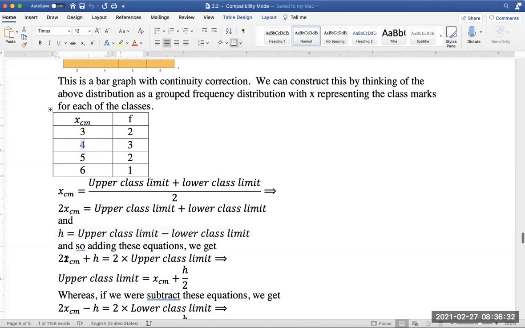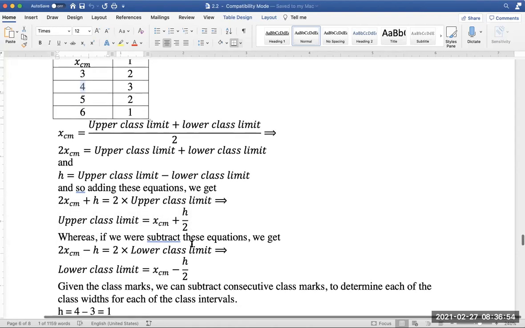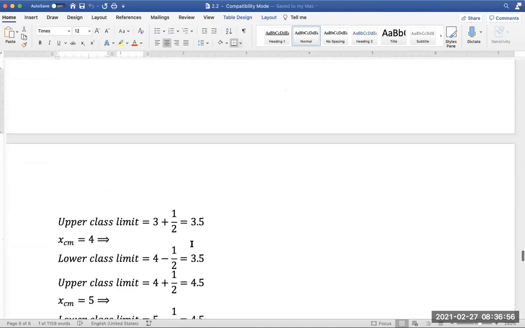To figure out what each class is, the lower class limit is the class mark minus h over 2, and the upper class limit is the class mark plus h over 2.